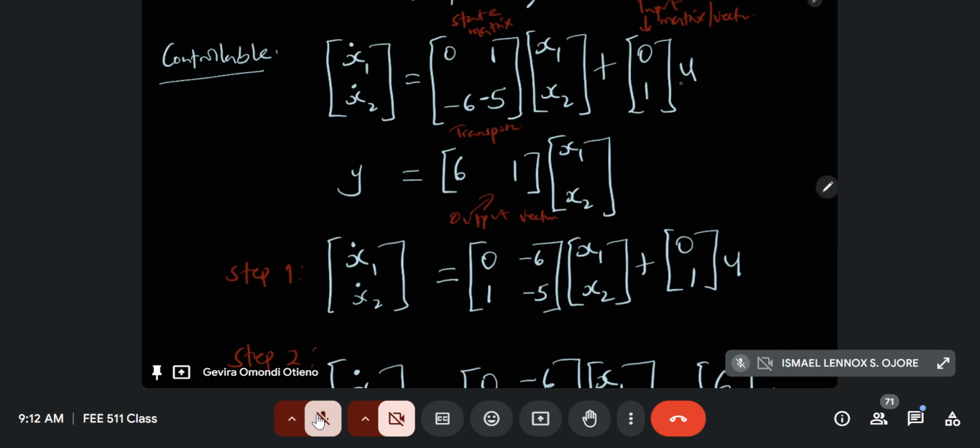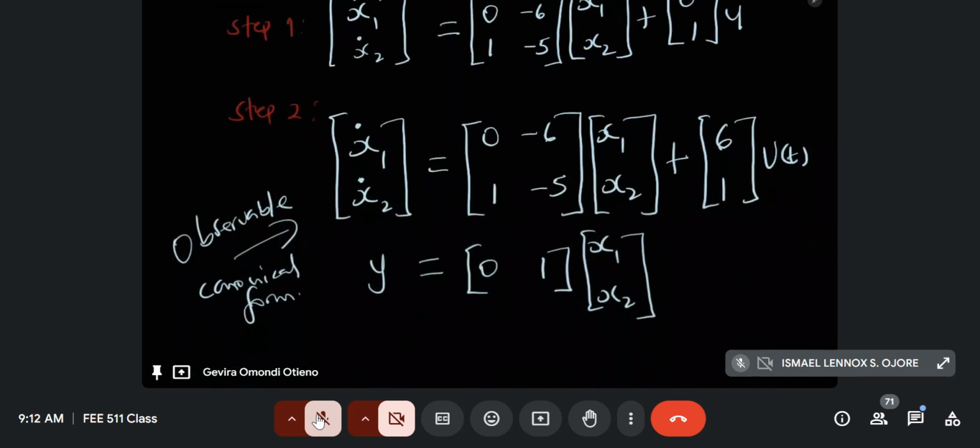So you take these elements, you bring them here, and you take these elements of the output vector and you make them the input. So it's like taking what exists at the input, you put at the output, and what exists at the output, you take to the input. You're interchanging the input with the output. That is what you do to get observable canonical form.